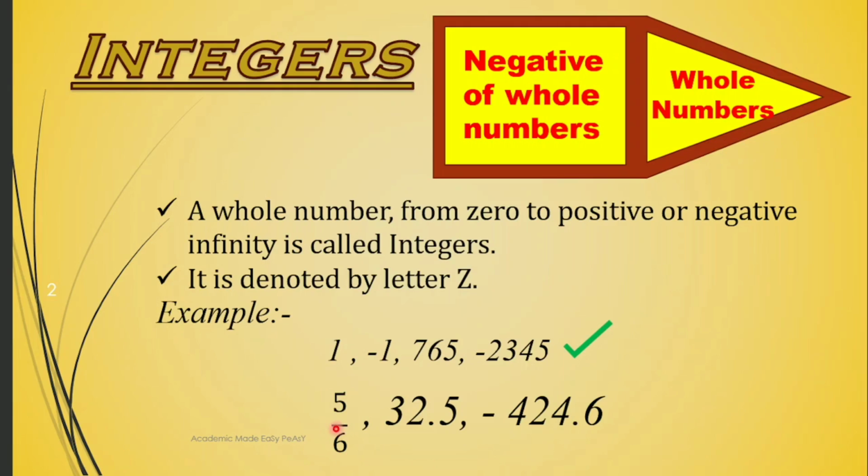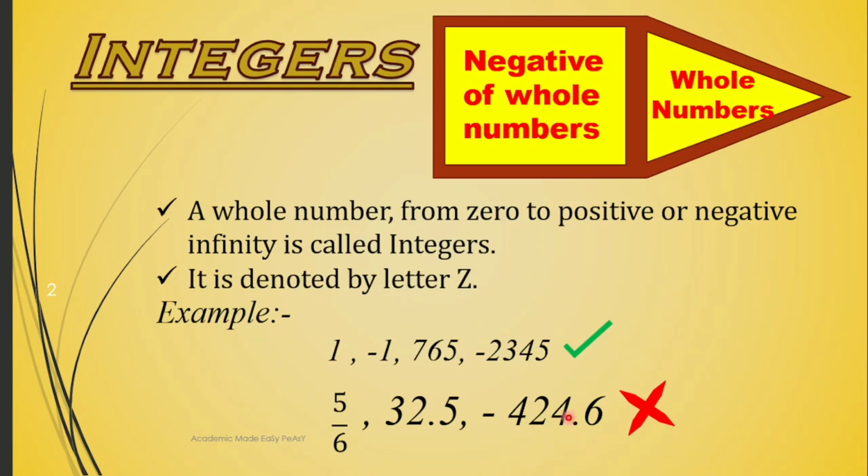If we just take 5 leaving 6, it is a whole number. But if we take the entire form, 5 by 6, it is a fraction, right? So we cannot say it is a whole number. If we divide this, we get 0 point something, which is a decimal number, not an integer. That's why it is a wrong example. And 32.5 is also a decimal number, so this is a wrong example.